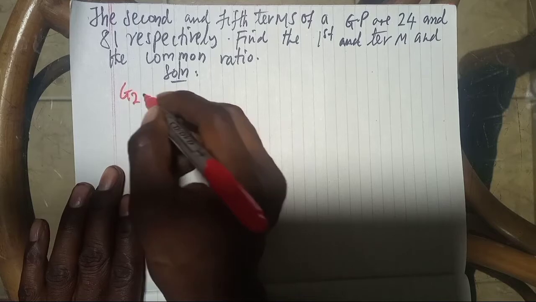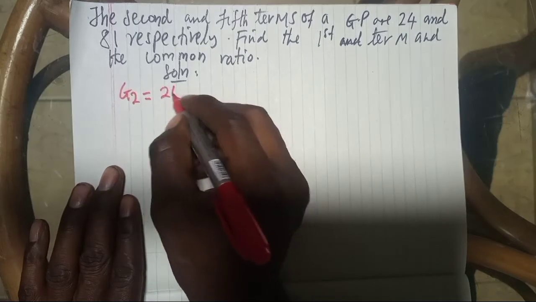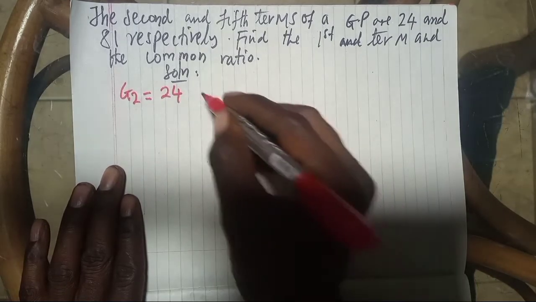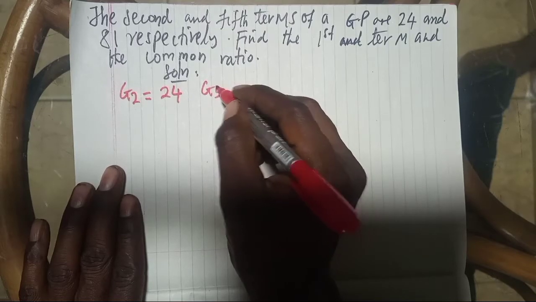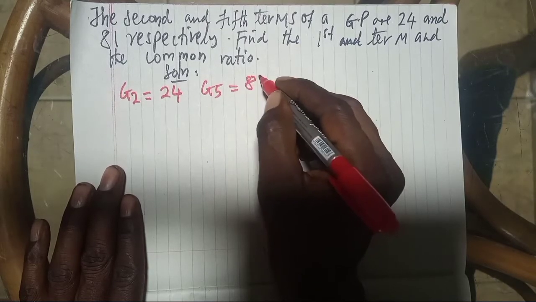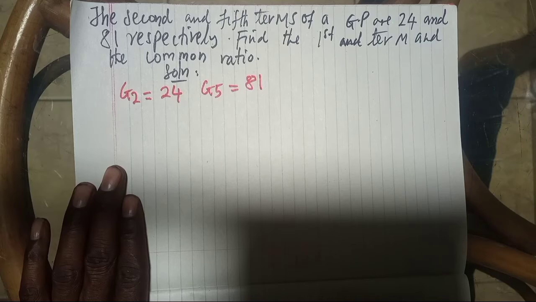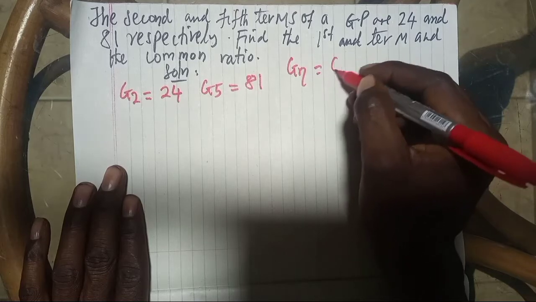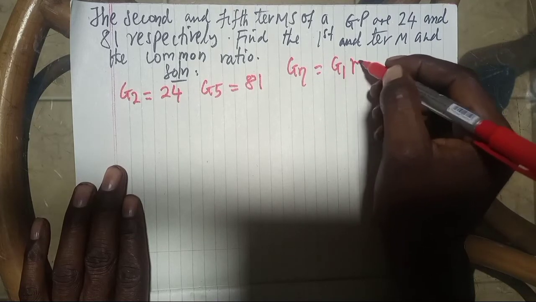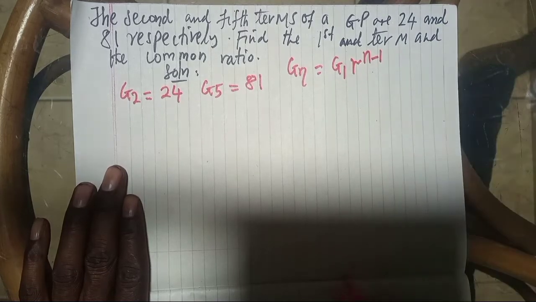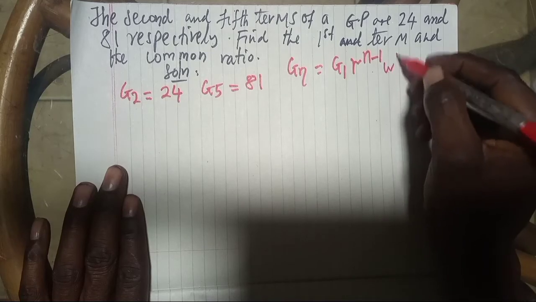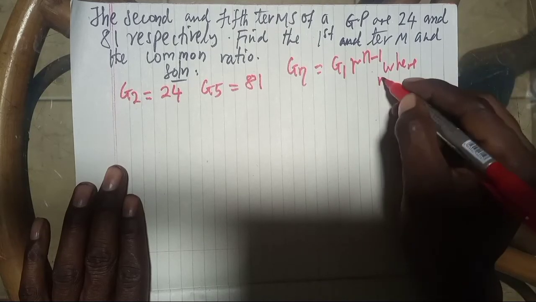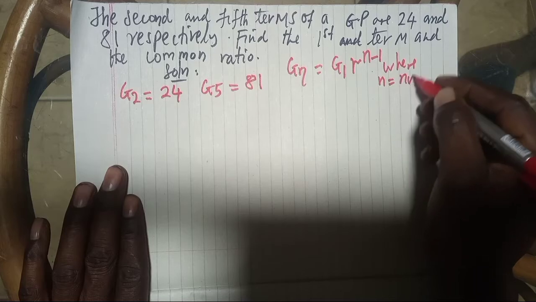From this question, we are having G2, which is equal now to 24, and then the fifth one, that is G5, is equal now to 81. These are the terms that we are having. And therefore, we know the general term in geometric progression is G_n = G1 times R^(n-1), where n is the number of terms.